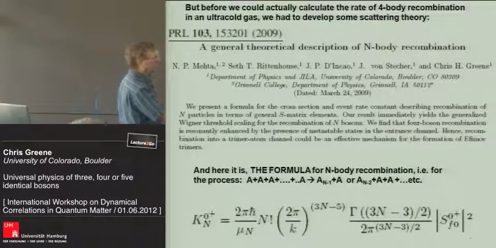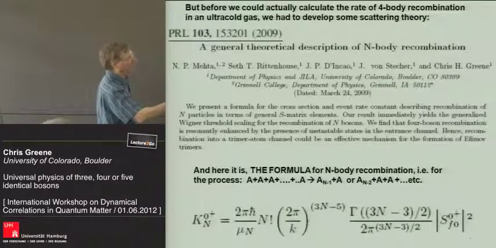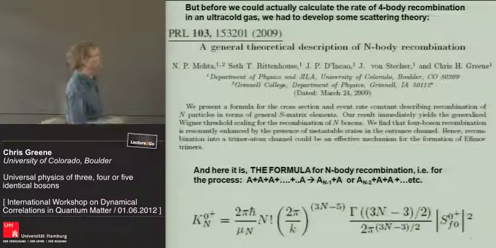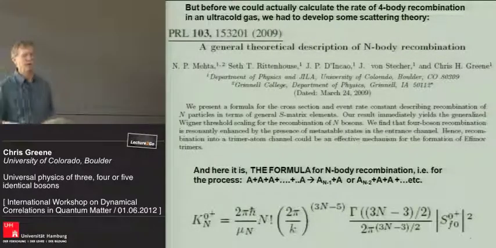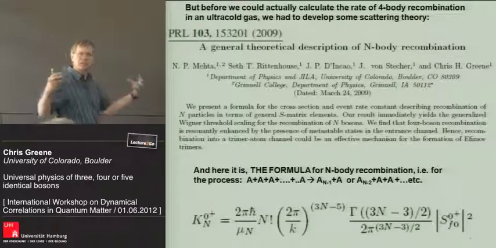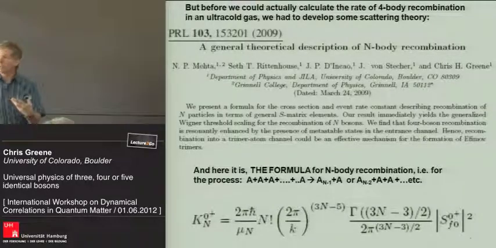Basically, if we could calculate the potential curves, we could get the scattering matrix and all that good stuff, and calculate n-body recombination rates, which may seem a little weird because already you think it's a rare event for 3 particles to simultaneously come together and recombine.